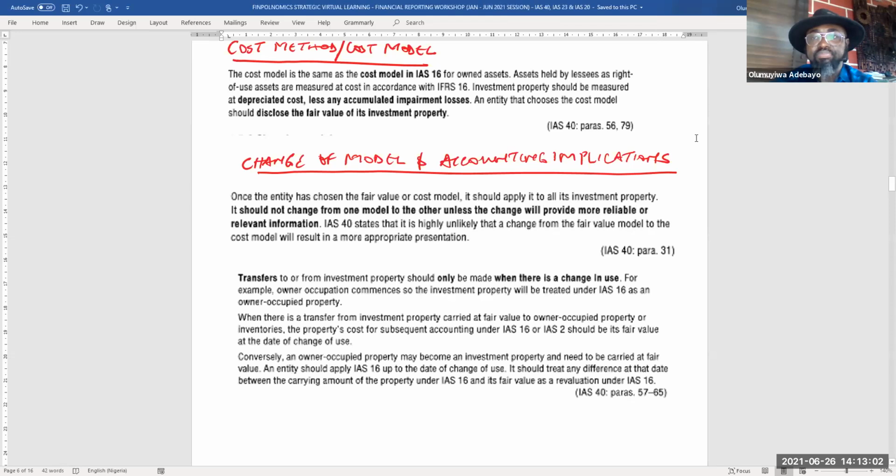Okay, continue. Transfers to or from investment property should only be made when there is a change in use. For example, owner occupation commences, so the investment property will be treated under IAS 16 as an owner-occupied property.